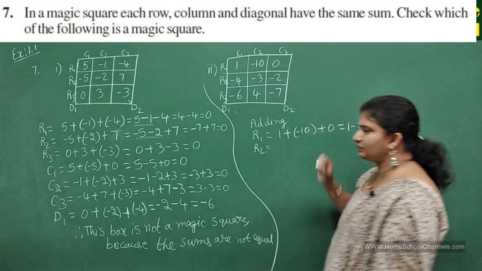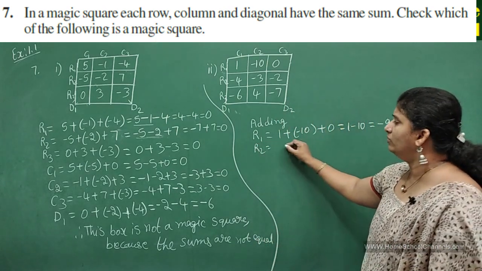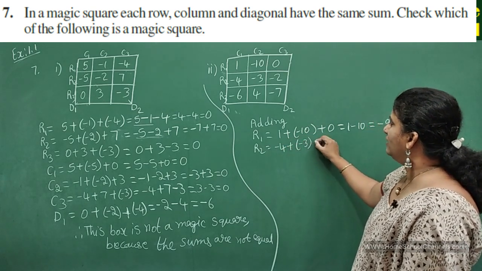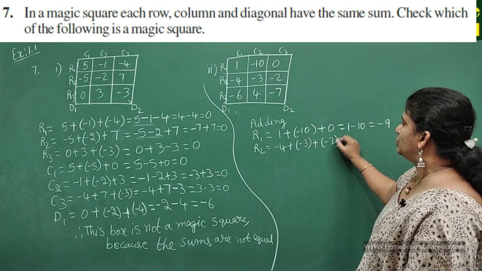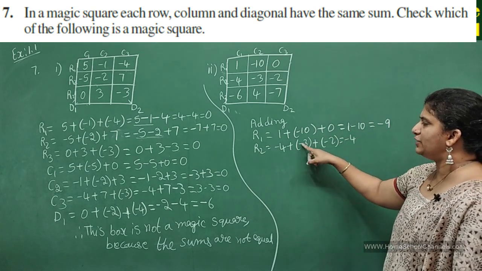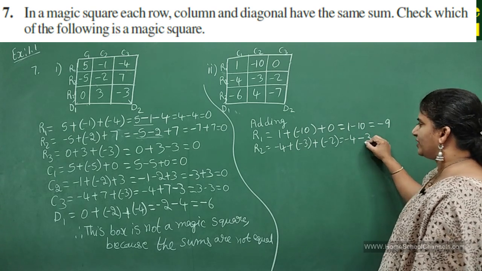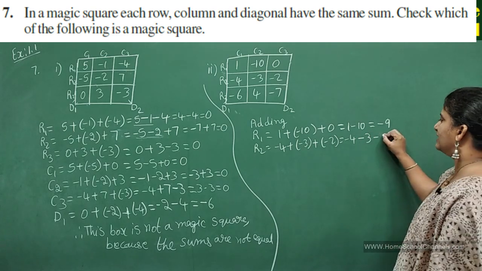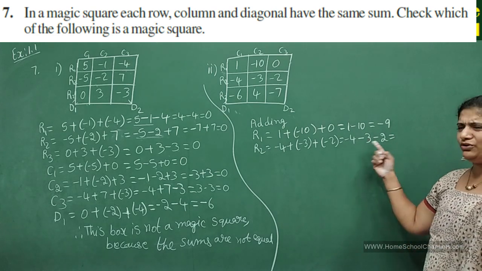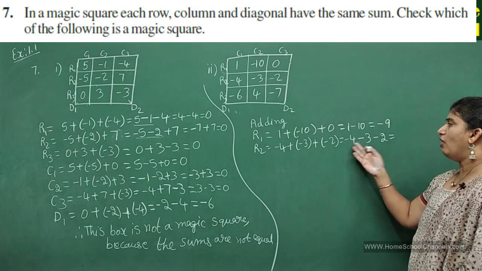Next, R2. Add the second row: minus 4 plus of minus 3 plus of minus 2. Multiply signs: minus 4, plus into minus, minus 3, plus into minus, minus 2. If you want, you can do any two numbers, or all at a time.